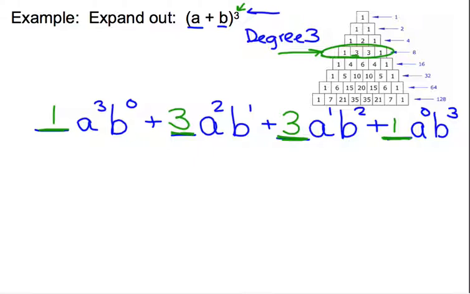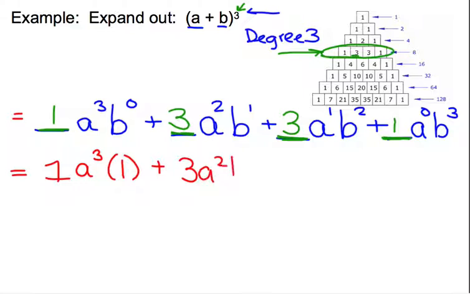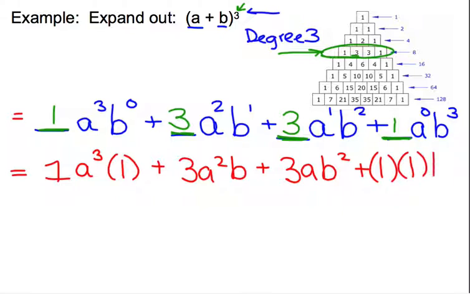Now we have to simplify that. I'm just going to leave the 1 there. A cubed, and you remember anything raised to the 0 power is 1. Plus 3A squared B plus 3A B squared plus 1, and then A to the 0, anything raised to the 0 is 1, and then B cubed.